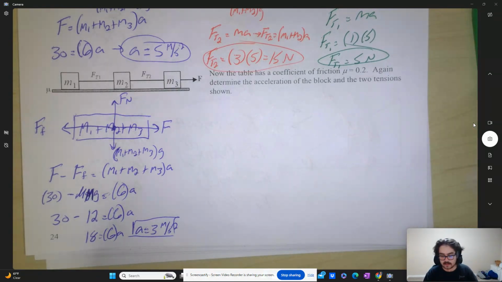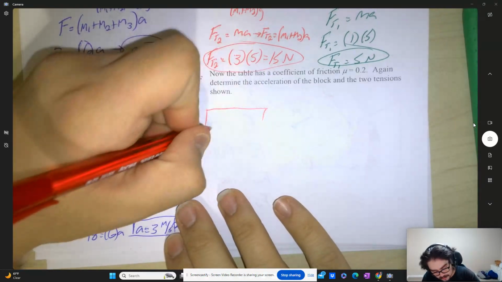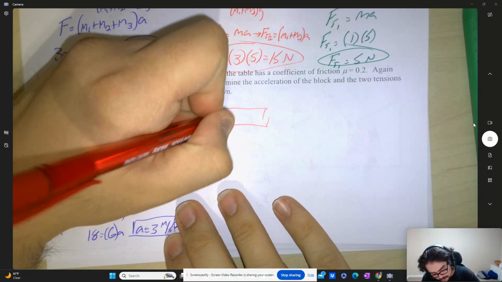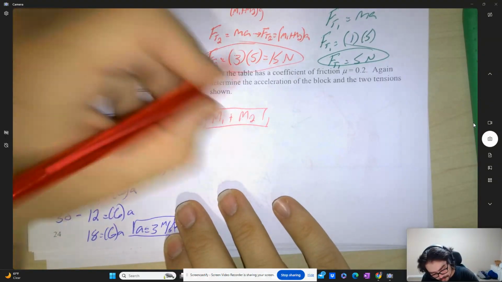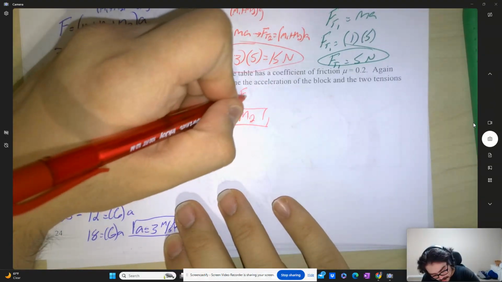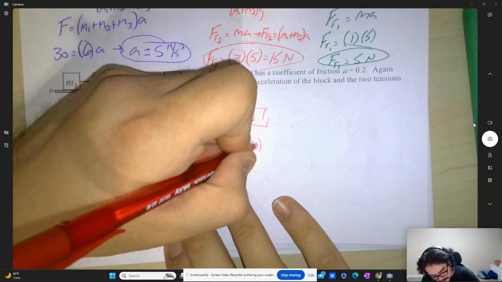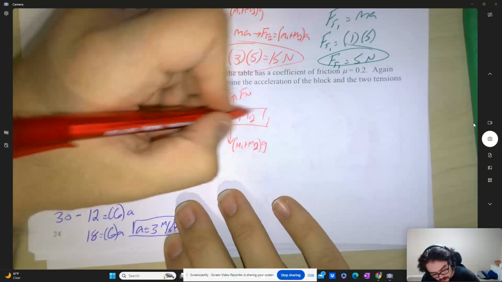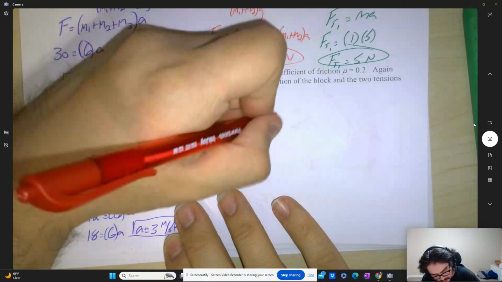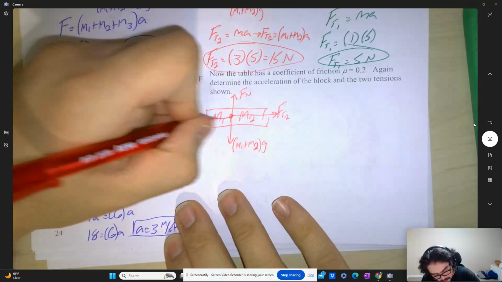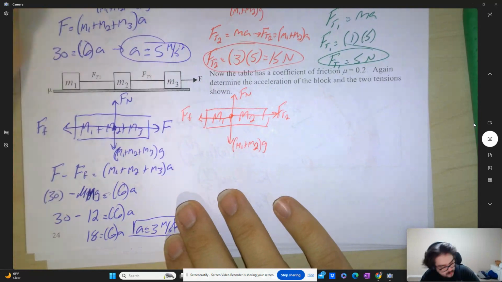All that you would have to do, I'm not going to show every single step here because I think it's pretty self-explanatory, okay? You get m1 plus m2, normal force going up, (m1 plus m2) going down, times g, you have the Ft2, and then you have the force of friction going behind.